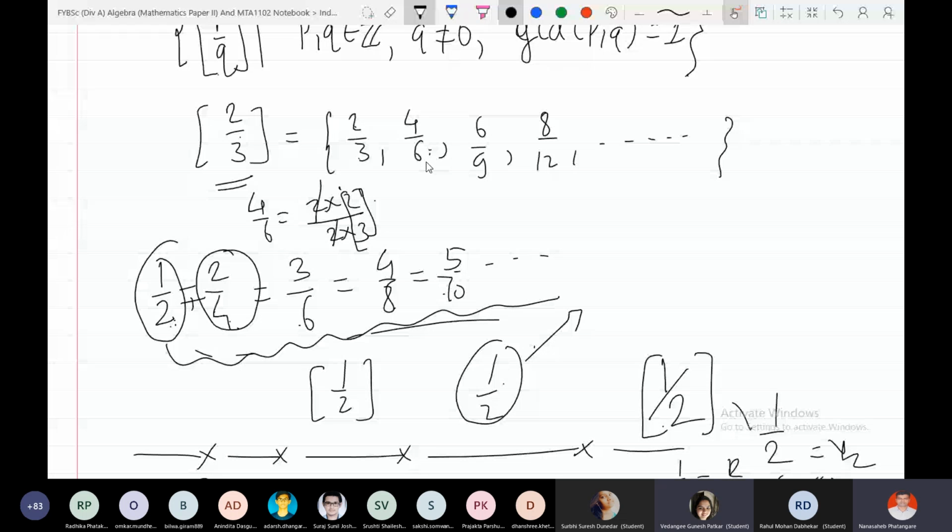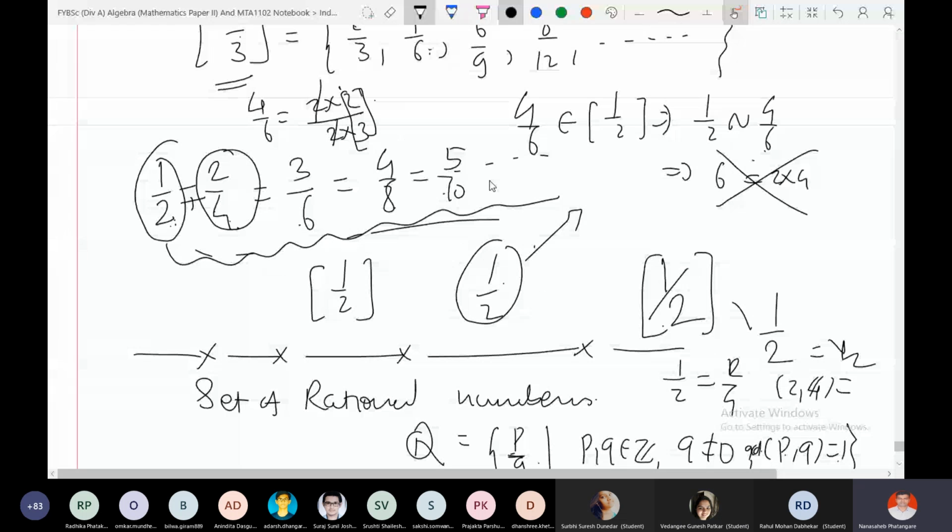That is true from this, right? Because if 4 by 6 is in the class of 1 by 2, what happens then? 1 by 2 is related with 4 by 6. But if 1 by 2 is related to 4 by 6, that means 1 into 6 is equal to 2 into 4, which is not true. Therefore, 4 by 6 is not in the class of 1 by 2. So we can observe that from this example.